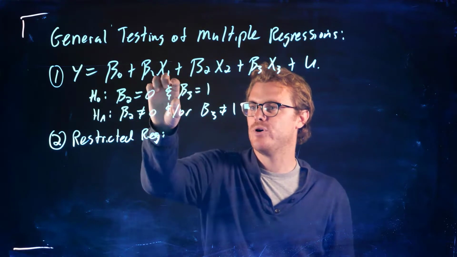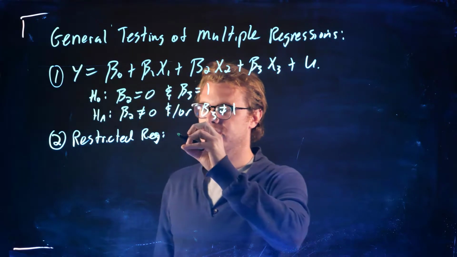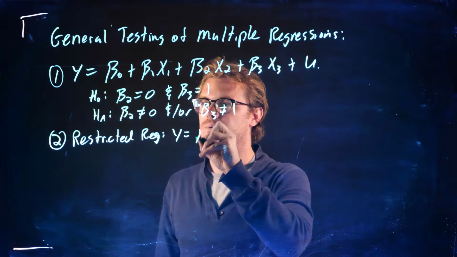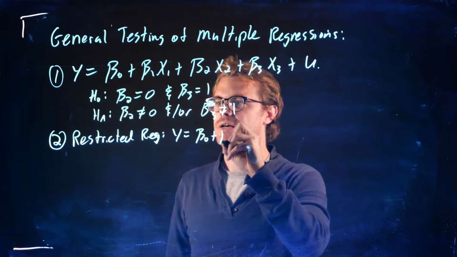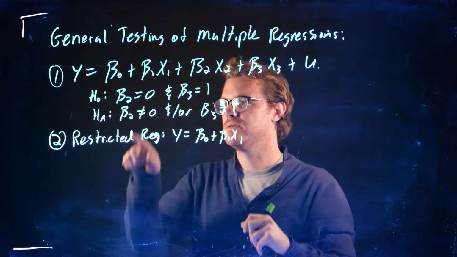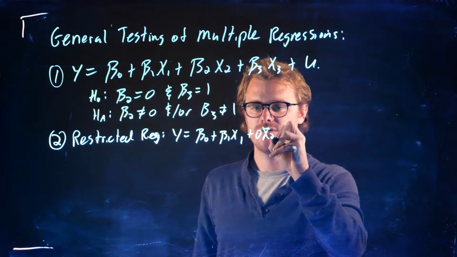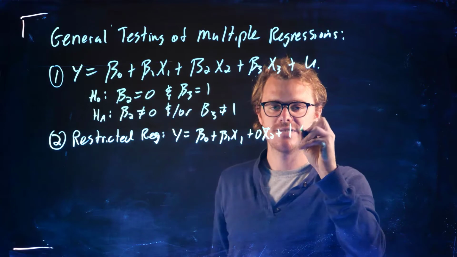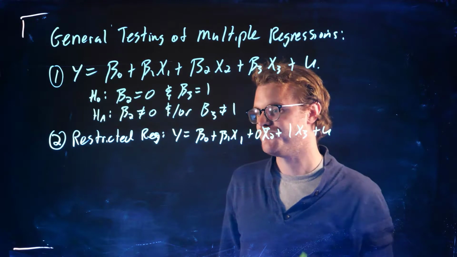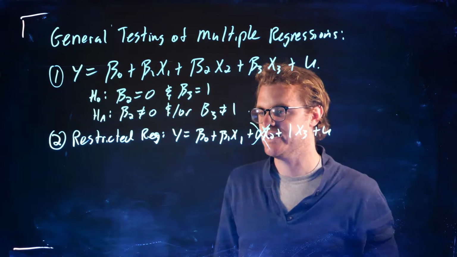Now to come up with our restricted regression, we need to put these restrictions directly into this unrestricted regression. So y equals beta 0 plus beta 1 x1, beta 2 equals 0, so 0 times x2, plus 1 times x3 plus u. So this is going to cancel out.